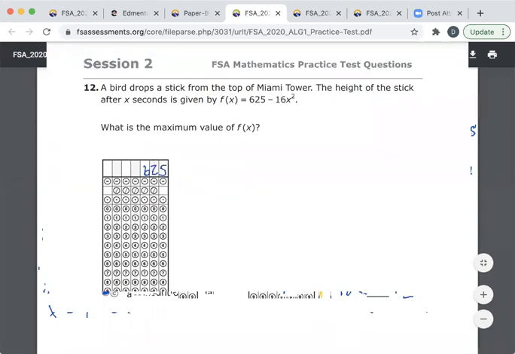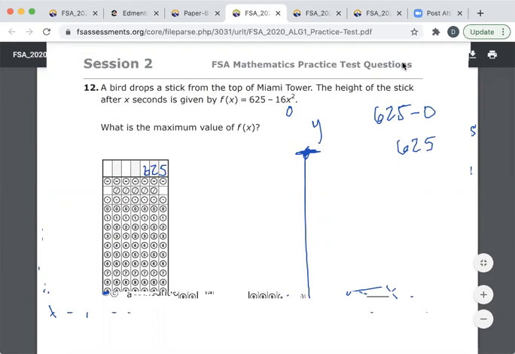Think of it on a graph where this is Y and this is X. You want to know the highest point of Y, and that would be before the stick falls, right? So if I plug in 0 for X, it would be 625 minus 0, or just 625. Okay. Oh, and f of x, just in case you're wondering, is the same thing as y.